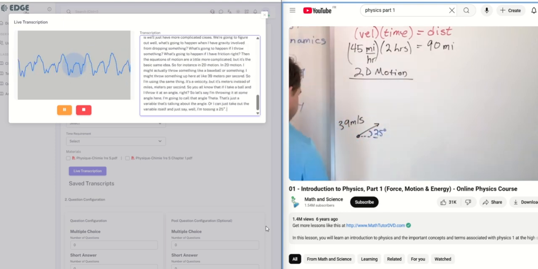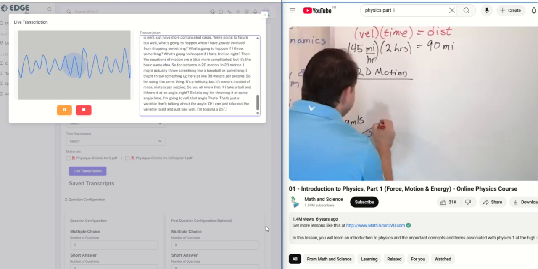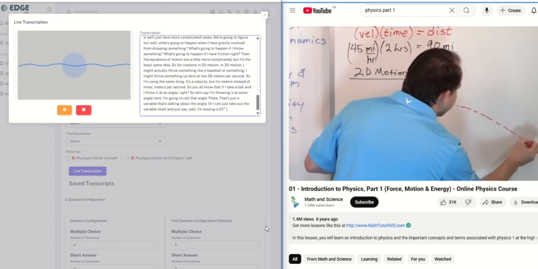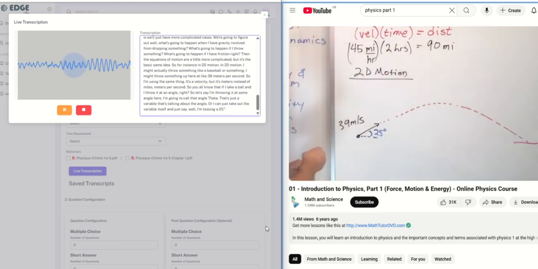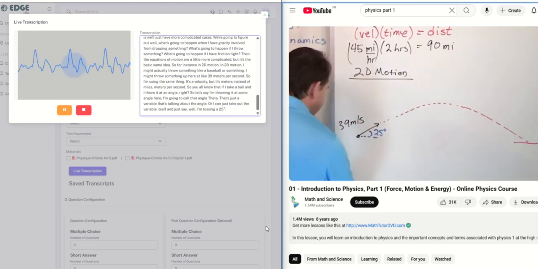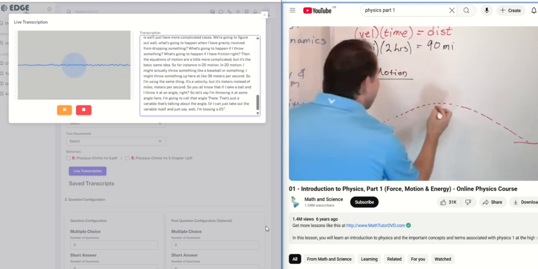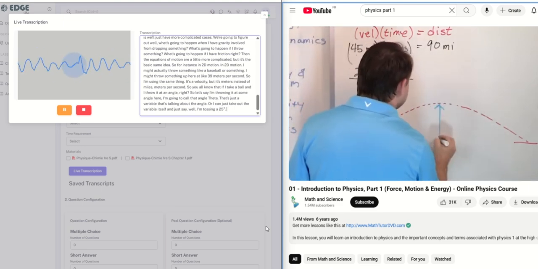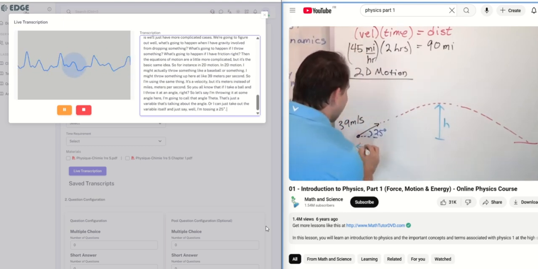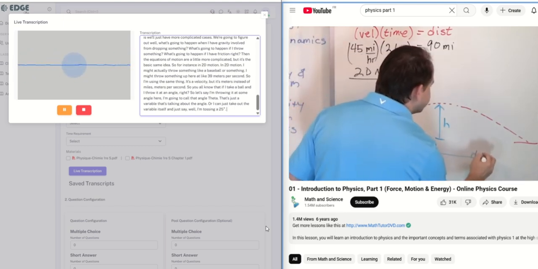What's this thing going to do? You all know that if I do that, it's going to continue up, it's going to hit some maximum, and then it's going to come down, and it's going to hit the ground again. So the question is, if I throw a ball at 39 meters per second at a certain angle, what do I want to know? Typically, I want to know how high did it go? And I want to know generally how far did it go?